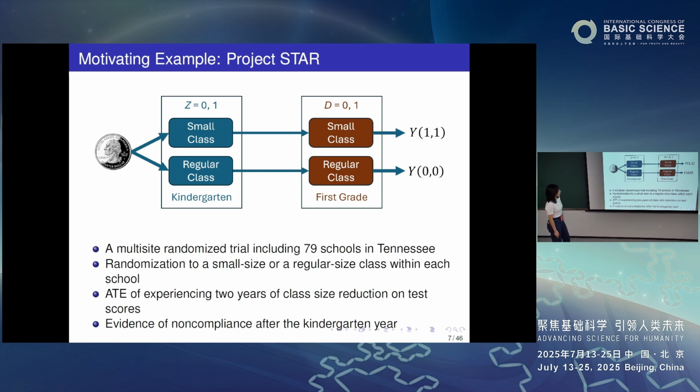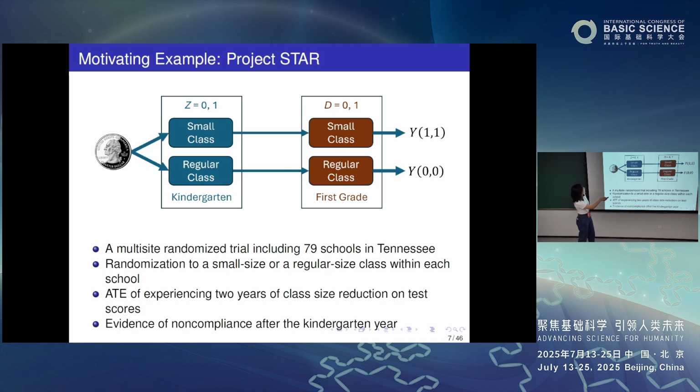And this is a multi-site randomized trial involving 79 schools. In each school, you conducted this randomization. Students were randomized to either a small class, which we denote as z = 1, or a regular class, which we denote as z = 0, at the kindergarten year.